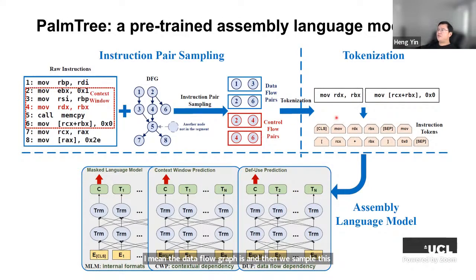Then we tokenize the instructions and feed them into this BERT model. We have three training tasks: MLM, which is the default training task, and we have a context window prediction and a def-use prediction to essentially stimulate and push for better learning results.